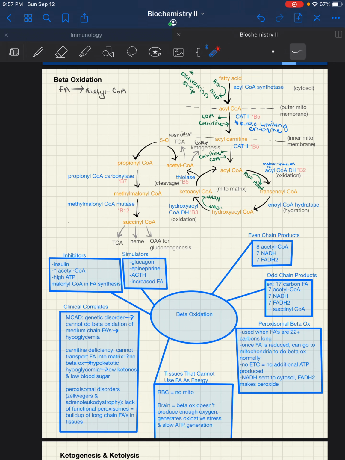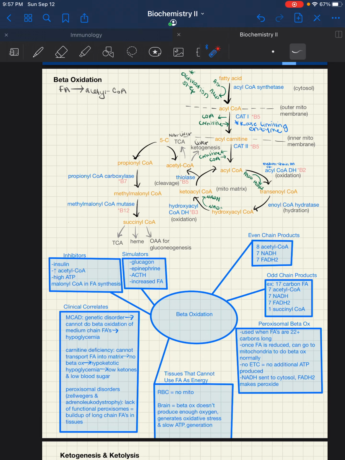So insulin will inhibit this pathway because insulin is a hormone that stimulates synthesis pathways, and it signifies that you're in the fed state, and that's not the state we're in right now when we're breaking down fatty acids into acetyl-CoA for energy.